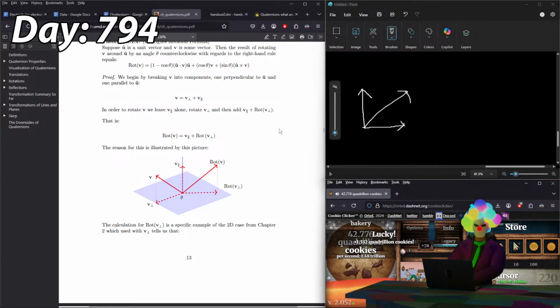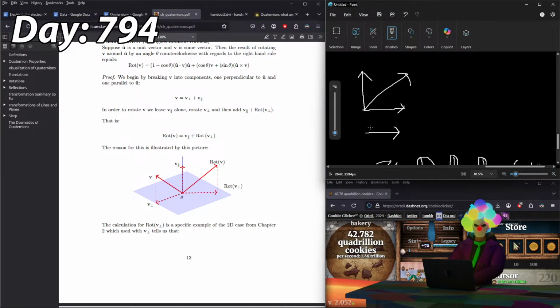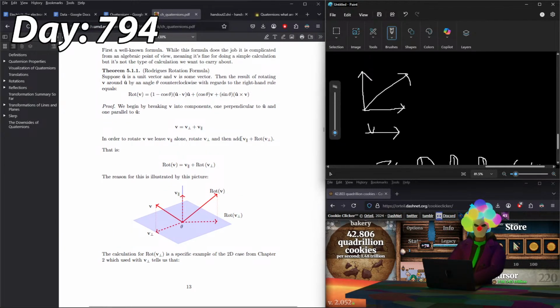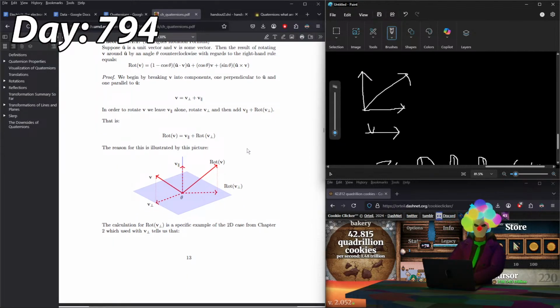In order to rotate v, we leave the parallel v alone, and rotate the perpendicular v, and then add the parallel to the rotated perpendicular. The reason for this is illustrated in this picture.